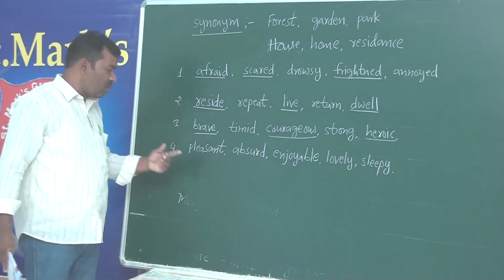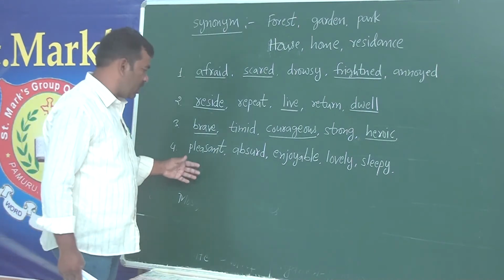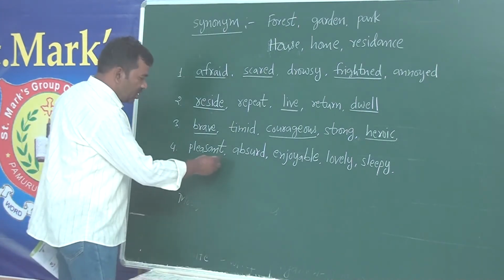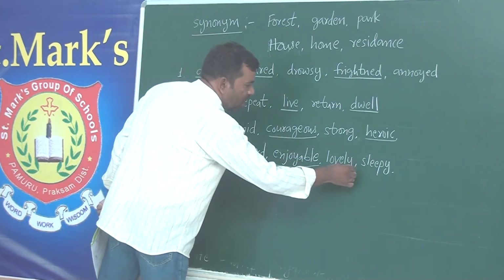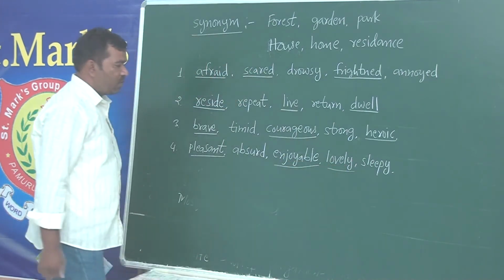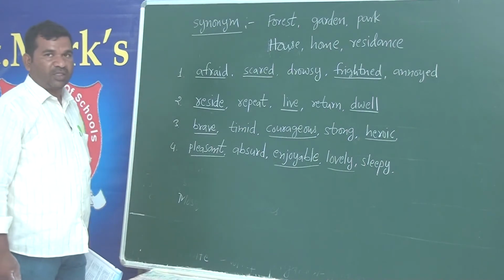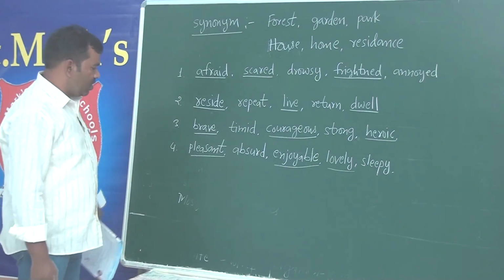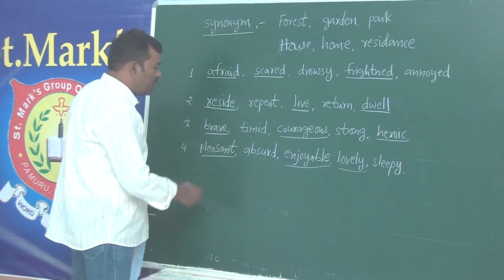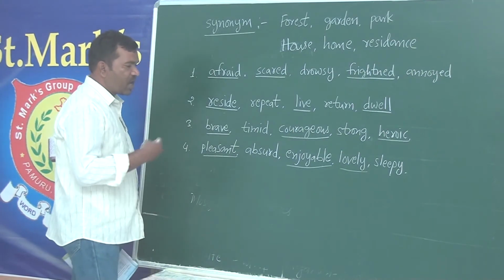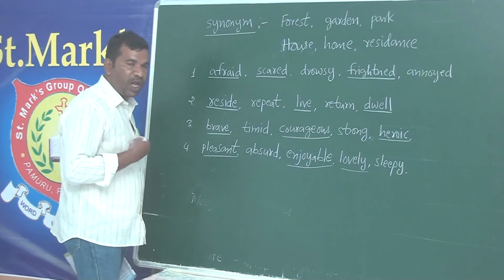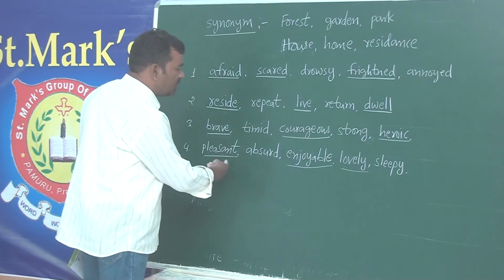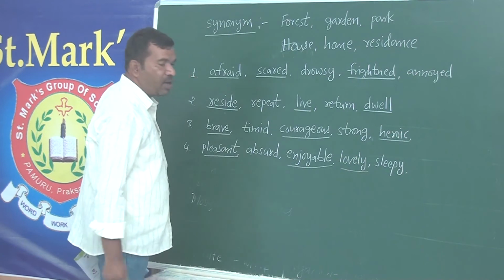Now try to find out which three are the same in meaning. See, pleasant, enjoyable, lovely. Okay? It means that which entertains. Pleasant means the thing which entertains, which gives us enjoyment, which makes us feel joy. So that is pleasant, enjoyable, and lovely.